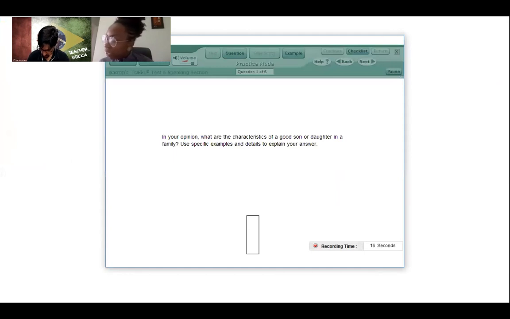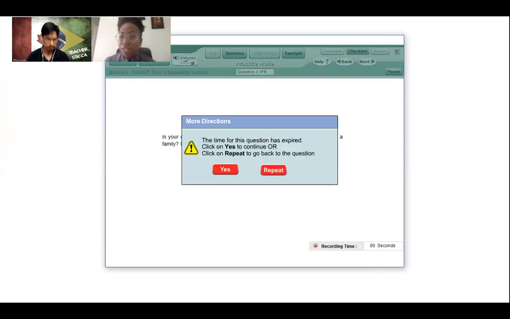And secondly, I think it's very important for the son or daughter to study and play, because it's very important to study, go to school and play with his or her friends. So I think that character is okay.